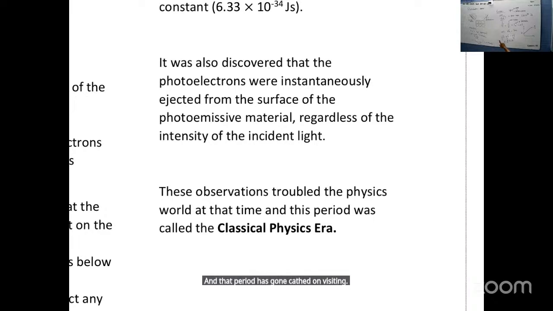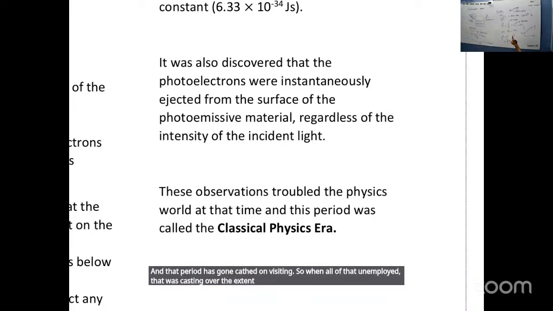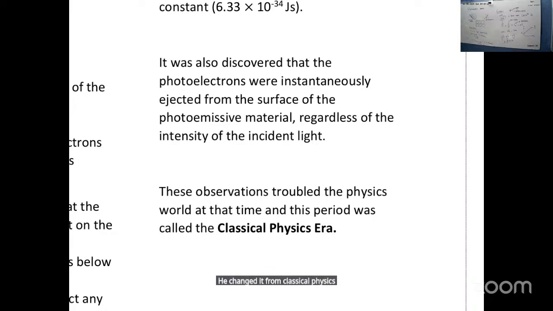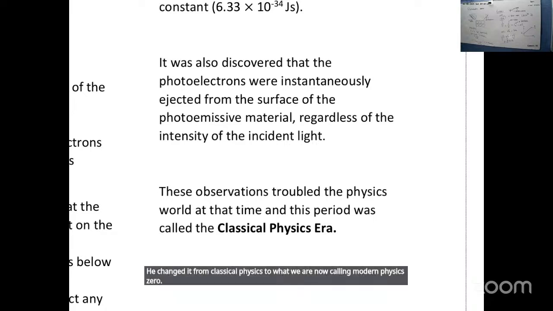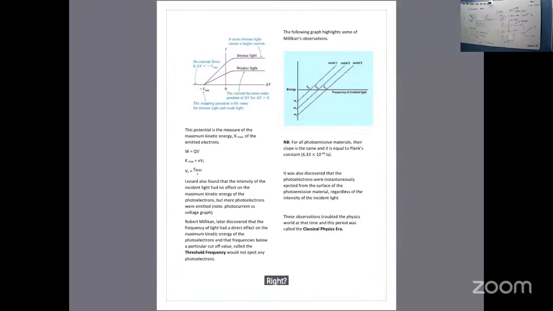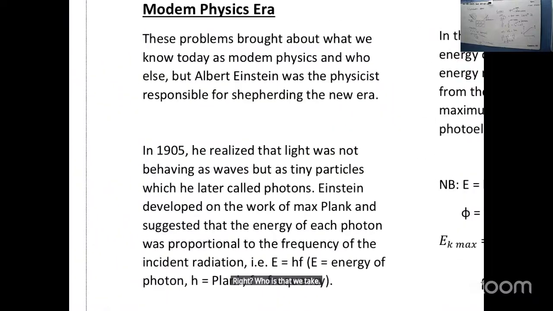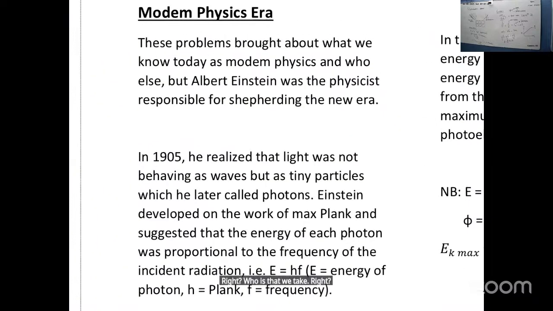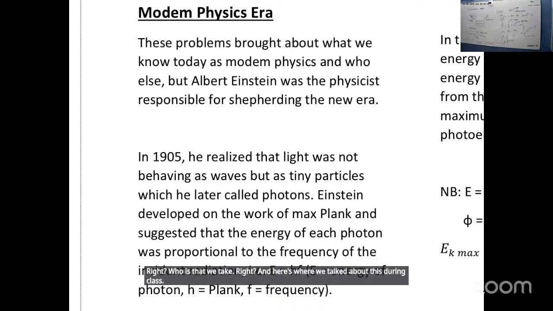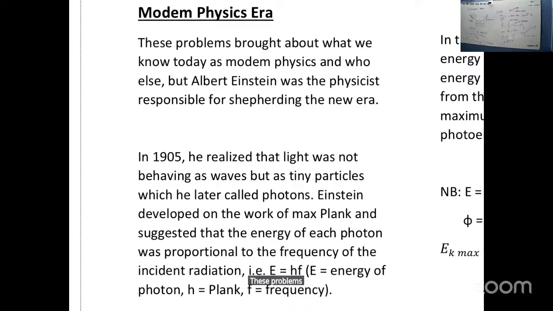When Einstein jumped in, he changed it from classical physics to what we now call modern physics. These problems brought about what we know today as modern physics.